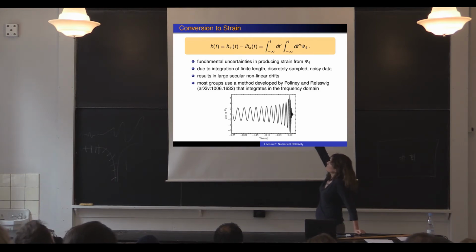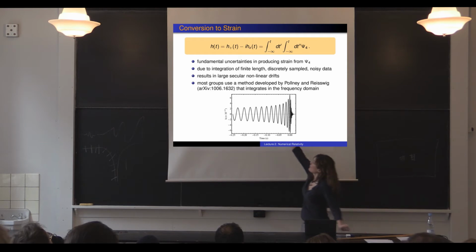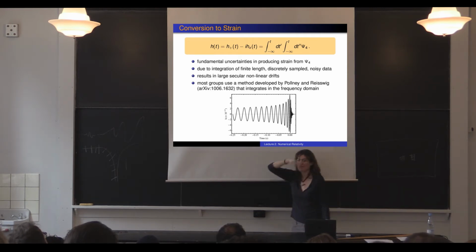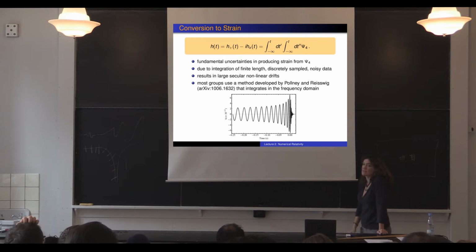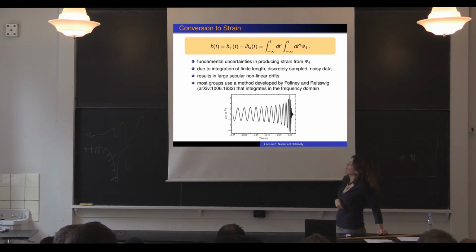But when we make decisions numerically about making strain, we pin our boundary down, so we kind of erase it. So we have to make decisions because we have to integrate psi4 to get strain that could also have an impact on the gravitational waves. So these are all the places where we make decisions that are not physical in nature.